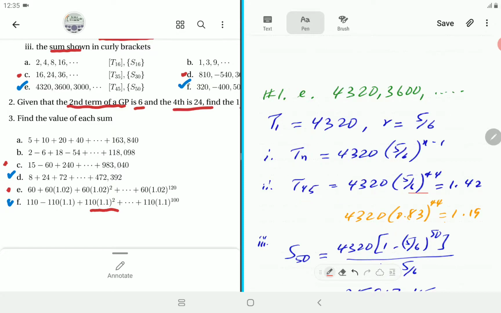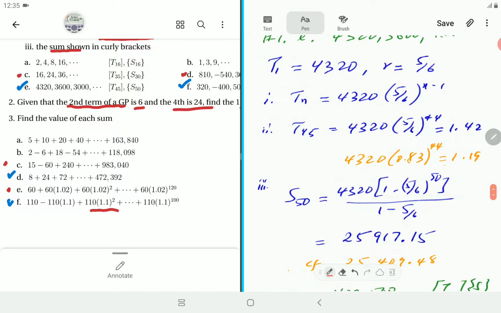For term number 45, it works out to 1.42. Just for comparison, if we use the decimal approximation, we get 1.19, which is very much different from this one. So get this one in the exam, you would be marked wrong.